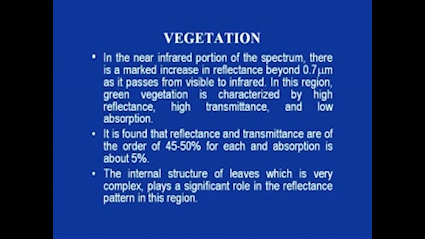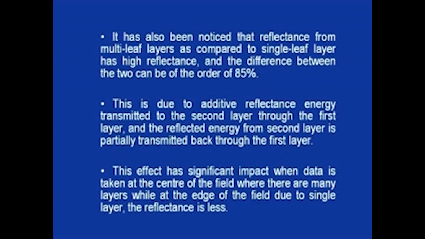The internal structure of leaves, which is very complex, plays a significant role in the reflectance patterns in this region. It has been noticed that multi-leaf layers, as compared to single leaf layers, have high reflectance, and the difference between the two can be of the order of about 85%.